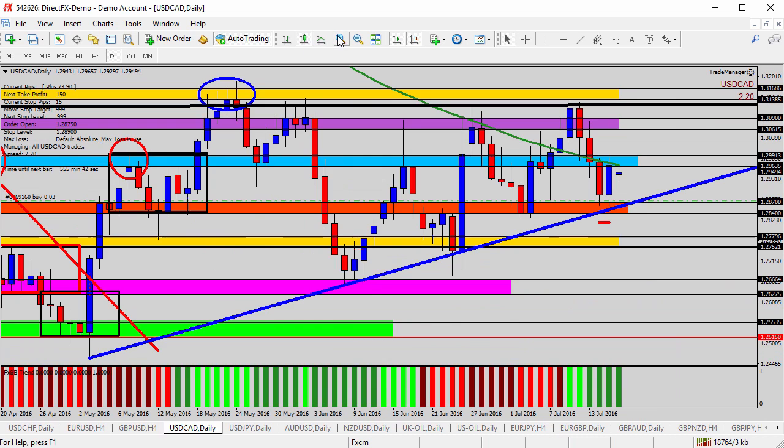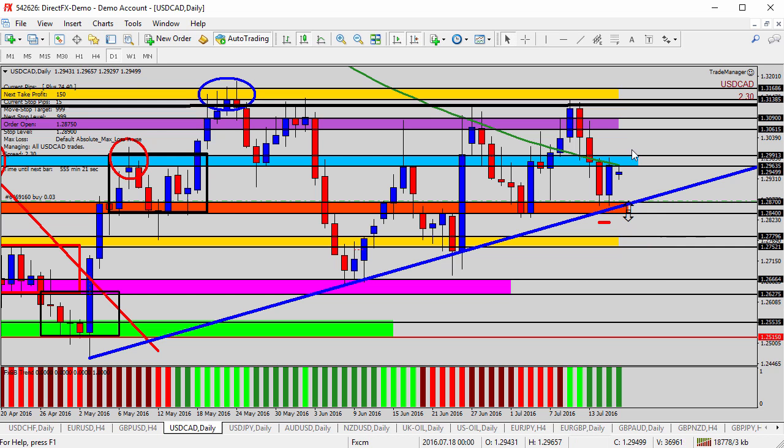Let's zoom it in a couple of times here. Of course, as I mentioned, the orange shaded area and the blue trend line are very important for support right now. Staying above that, we look for buy scenarios here for the USD CAD. If it breaks underneath, we'll call it 1.2840. 1.2840 is the support right now. That's the orange zone. Then we look for a reversal to go back down.